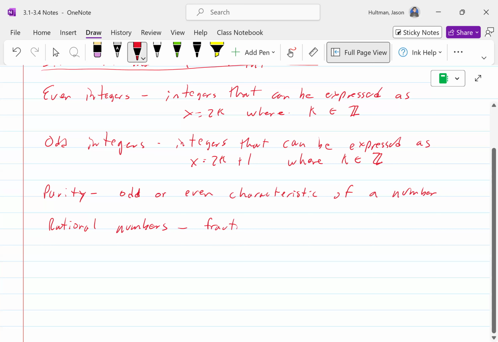Fractions and terminating decimals can be expressed as x over y.